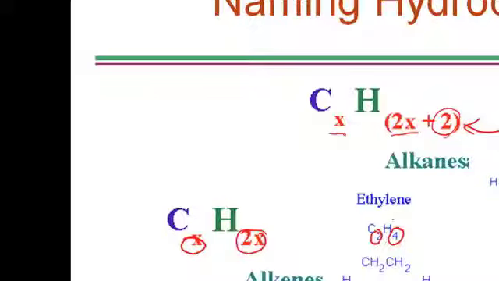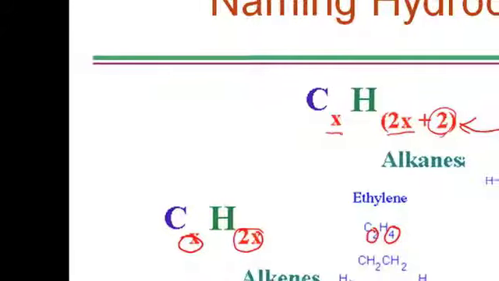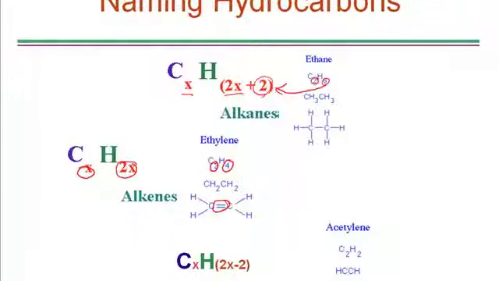Lastly, alkynes. Again, this is where you see a triple bond between 2 carbons, and it follows this pattern here. You have 2 carbons, and you figure out the number of hydrogens based on this formula: 2 times 2, which is 4, minus 2, which is 2.